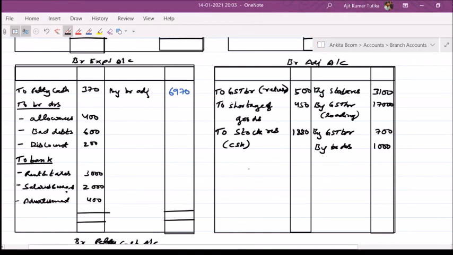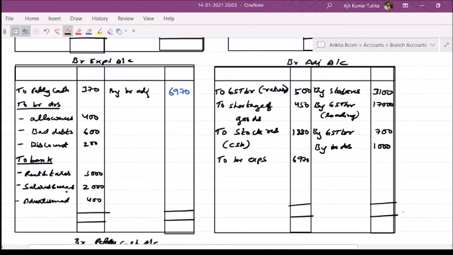Here it is an expense, so it will be to branch expenses 6,970. Here comes the net profit or loss.